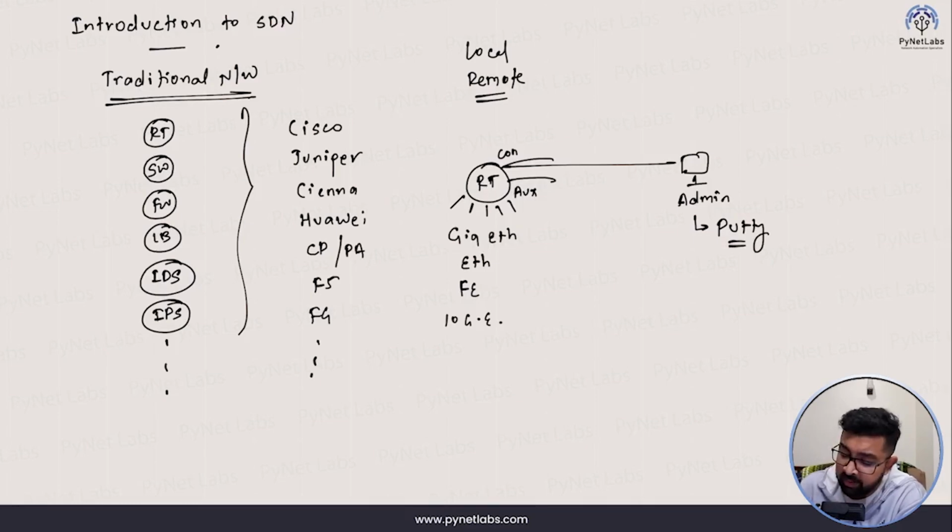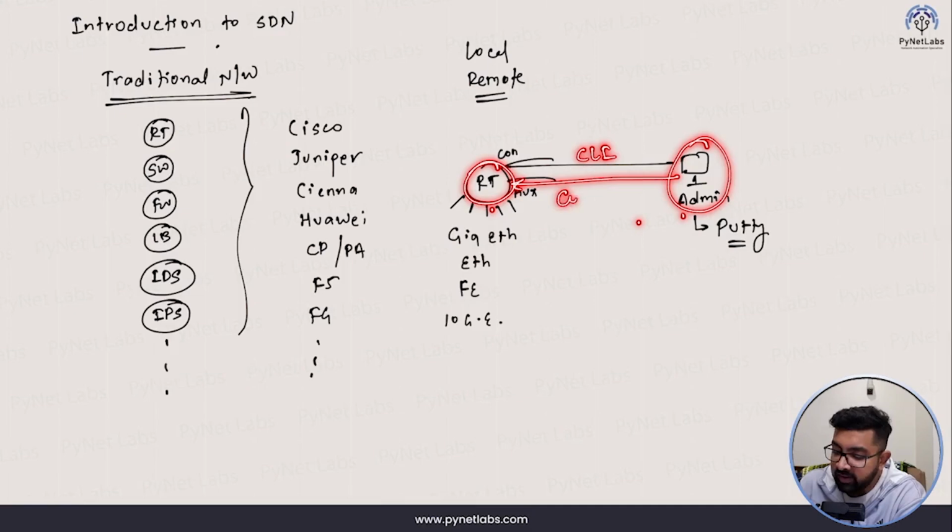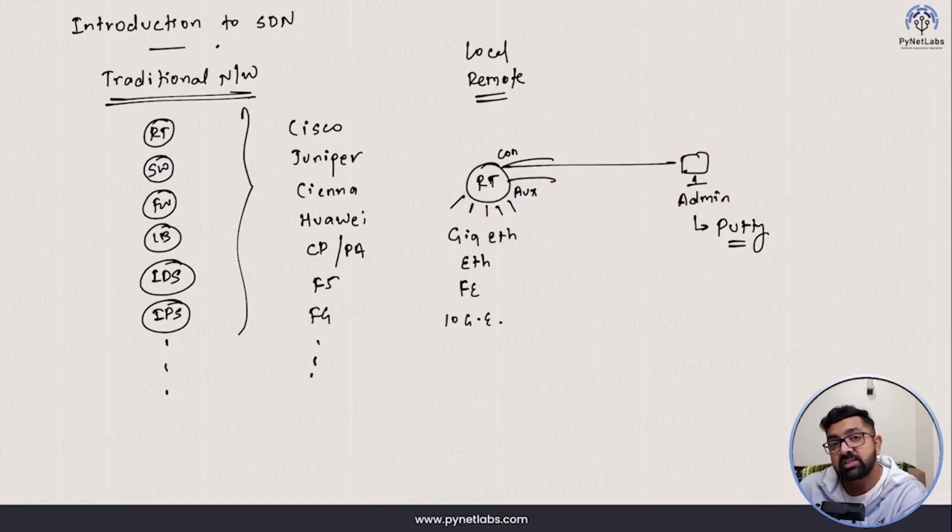We access the CLI of the device from this admin machine and send config commands onto the device. When we send these config commands, the device will be configured according to the admin's expectations, and then it will start forwarding traffic according to the instructions passed onto the device. That's one way of managing it.